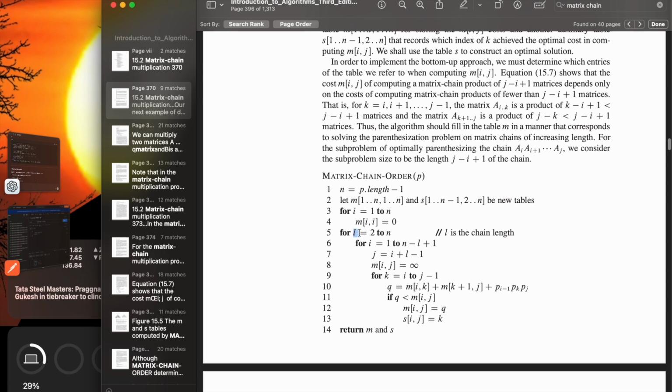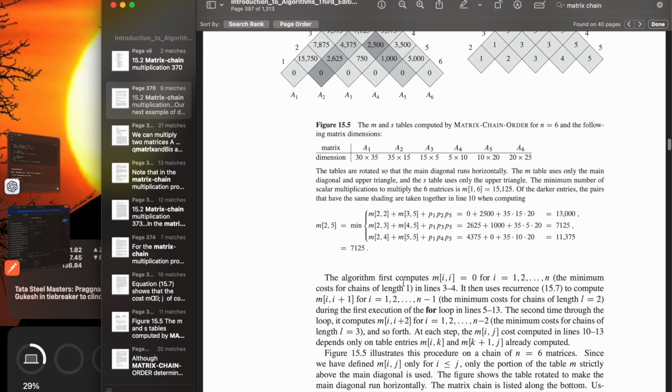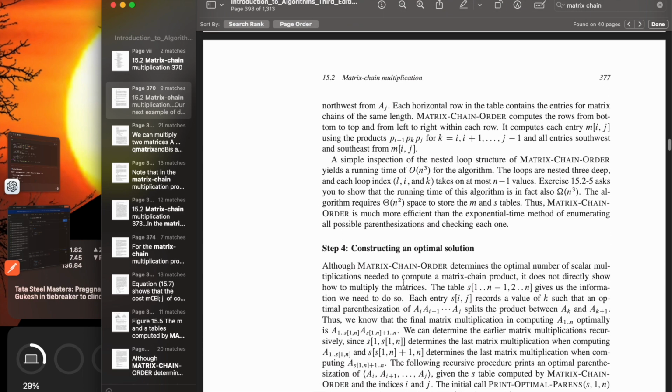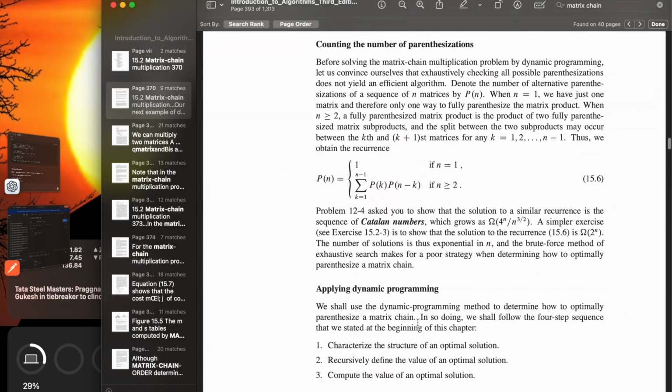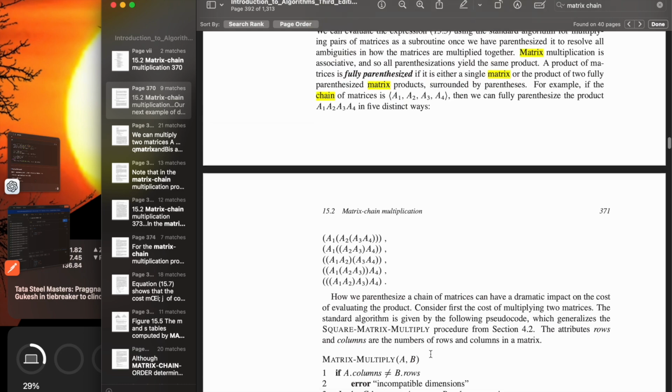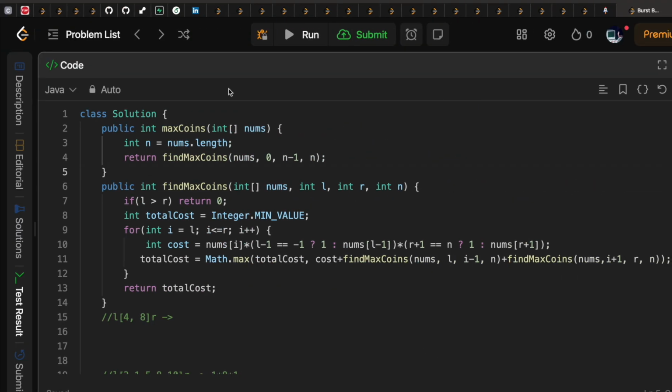So this is the algorithm which we are implementing. I think this is the tabular way. If you are free, then you can go through this, otherwise you can follow any other video on YouTube.